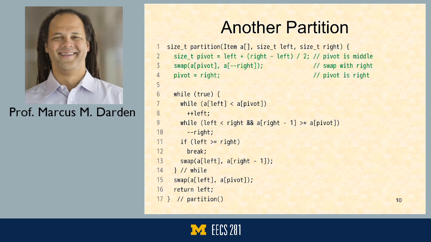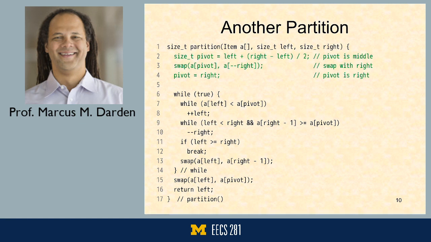So in this case, because it's so easy to do that physically, sort of like holding the pivot off to the far right and then just using my left and right pointers, because that's so easy without having to worry about jumping over and around a pivot in the middle.